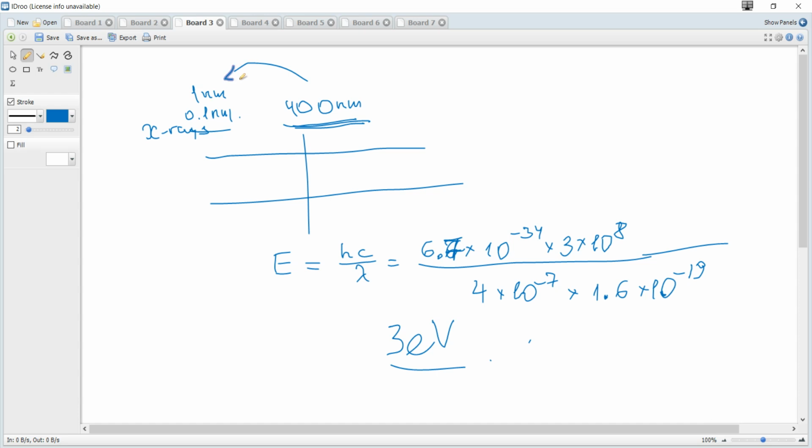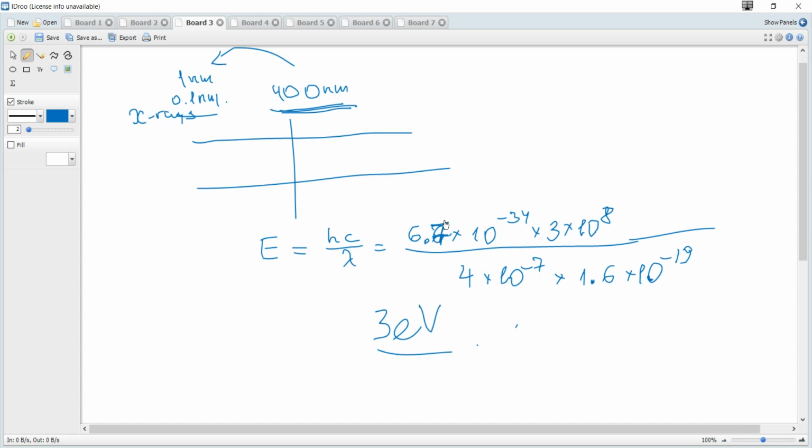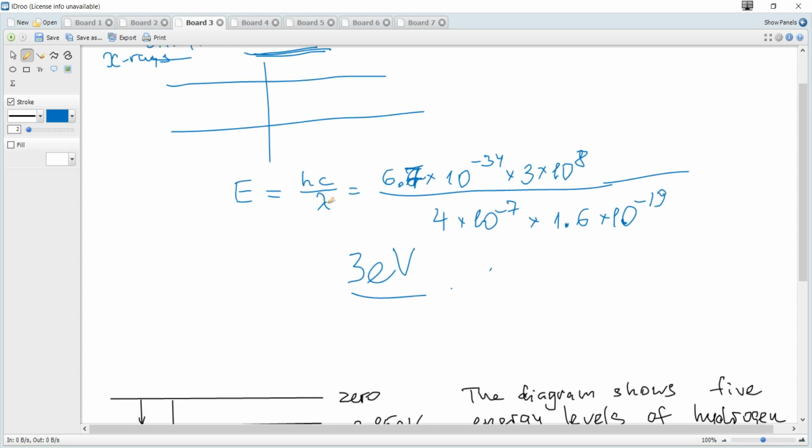We can decrease lambda to 1 or to 0.1, so by 400 times. And if you decrease lambda by 400 times, energy increases by 400 times.